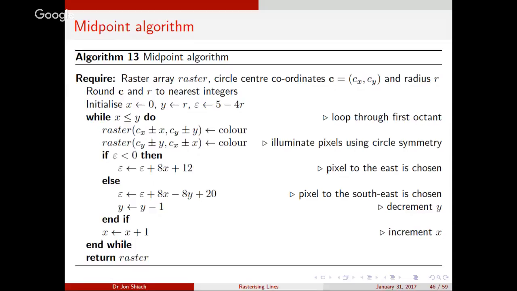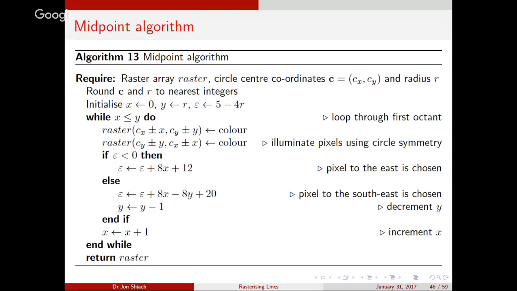X equals 2, y equals 9. But now our error is 1. You can see that's the error we have now. It's positive. So this means finally we go to the southeast. And we update our error.